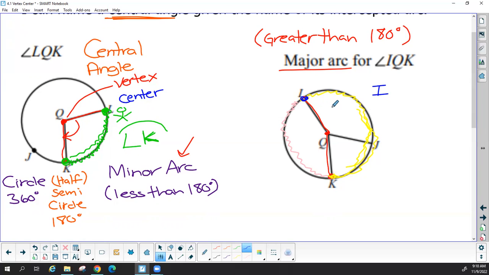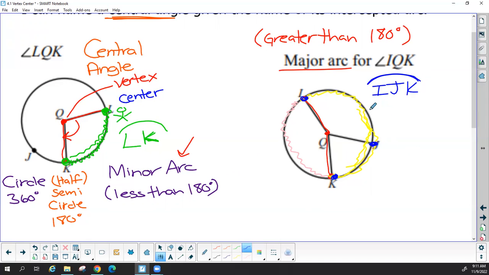And then we are going to have three letters when we have a major arc. It's going to tell us which direction to go, because I can start at point I and follow the yellow path or follow the pink path, but I want to follow the yellow one. So I'm going to tell the person reading this, I want to go towards letter J. And then I'll continue following my arc until I end at letter K, and then I'm going to put an arc on top.